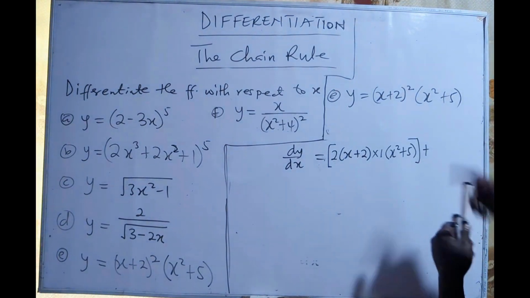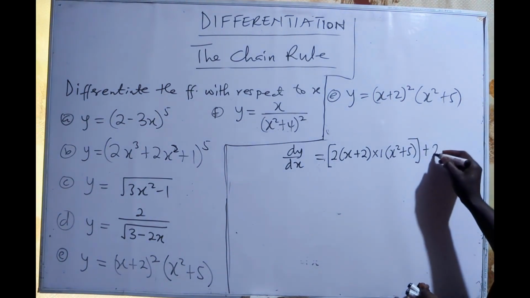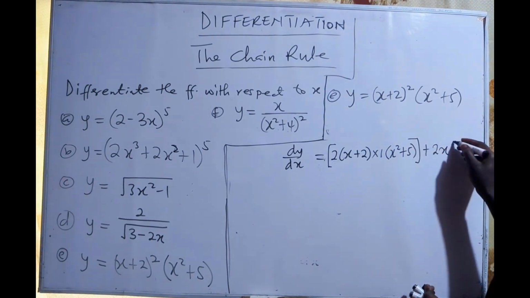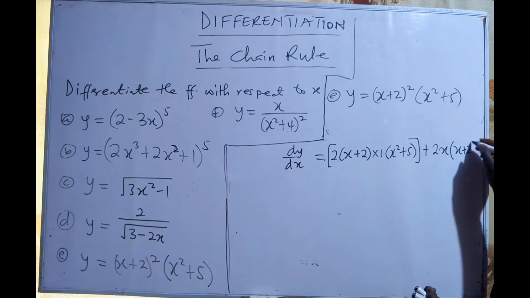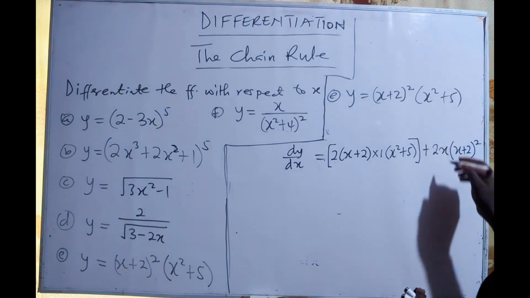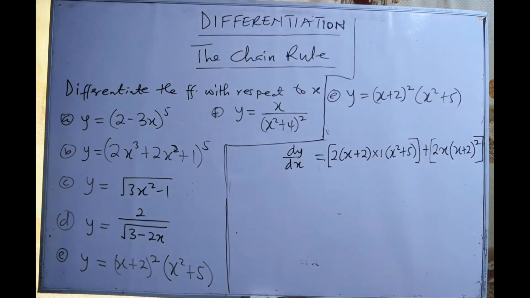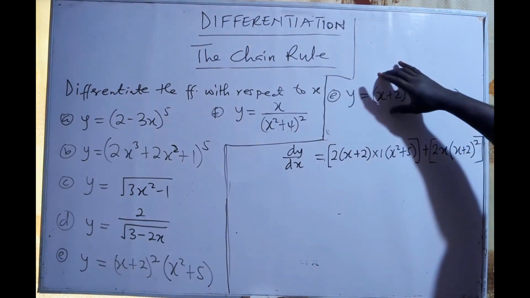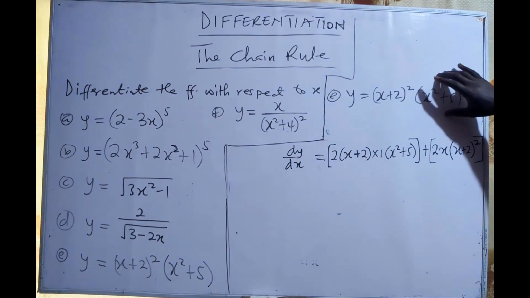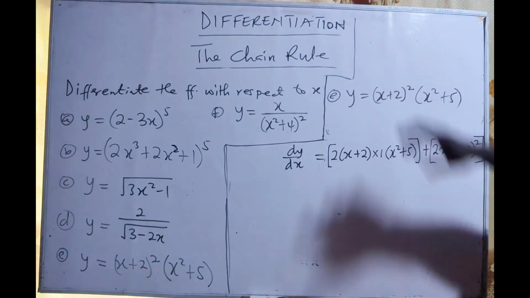When I differentiate this, I get 2x. Then I multiply by (x plus 2) all squared, this also in another bracket. So the differentiation of this is the product rule: differentiate this, multiply by this, plus differentiate this, multiply by this.